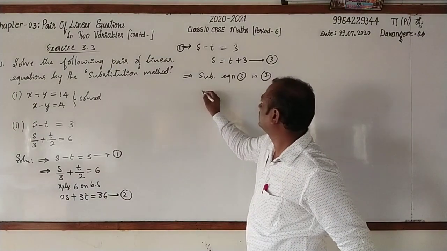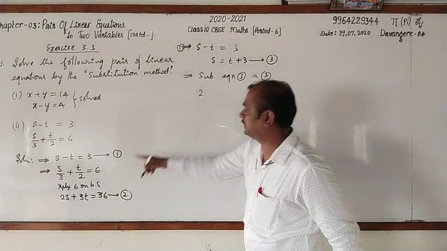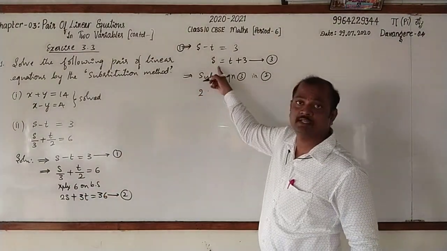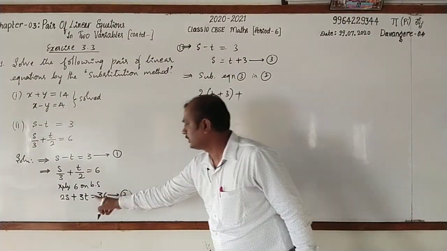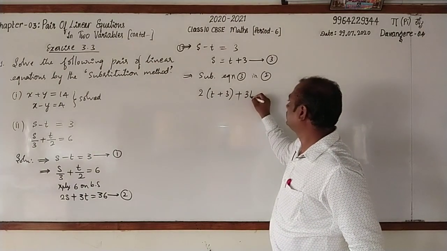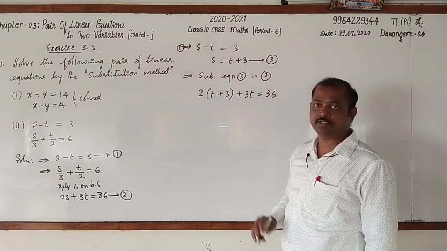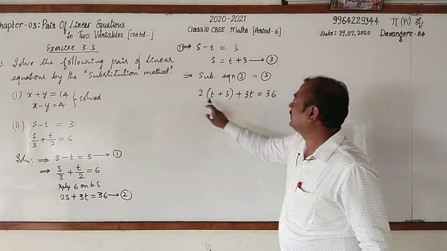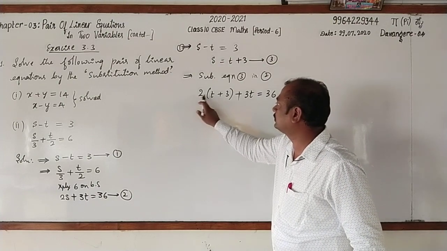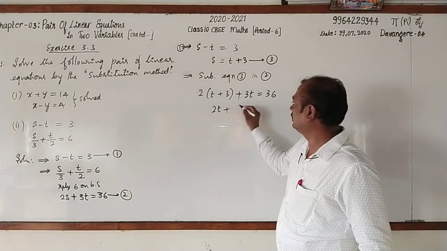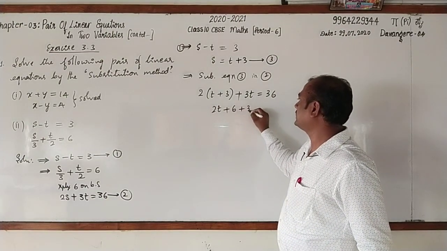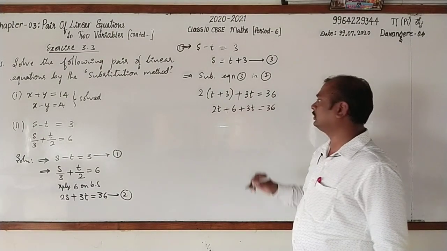Equation 2 is 2s plus 3t equal to 36. What is s? s is t plus 3. So 2 times (t plus 3) plus 3t is equal to 36. Got it? Now, multiply 2 with both the terms: 2t plus 6 plus 3t is equal to 36.